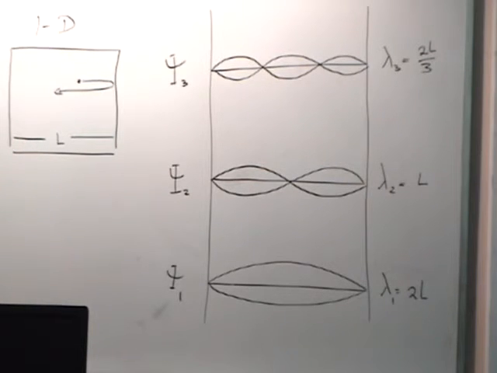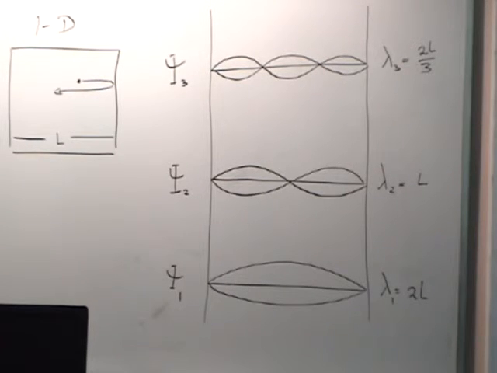And of course, there's an infinite number of possibilities. But they are discrete possibilities. It's not a continuum, it is a set of discrete possibilities. So, lambda sub n is going to be 2L over n. Those are all of the allowed wavelengths.